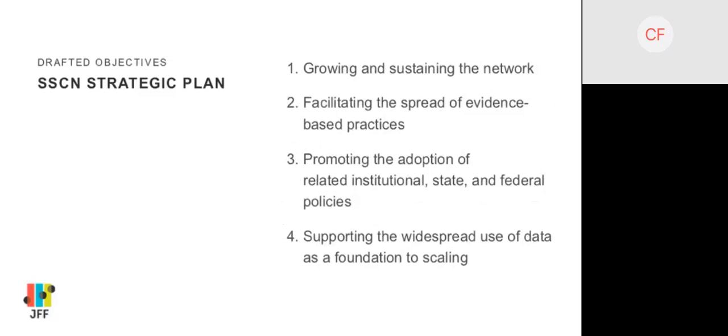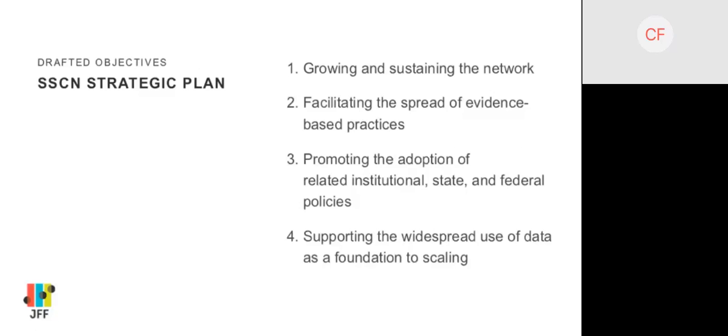The draft has four objectives, and they should resonate with the things that you've heard already in this meeting that closely align with all the work that we're all doing. So growing and sustaining our network. If you remember July, we talked about how we would really like to see the network grow and mature and become more of an influencer, both in our states and nationally.